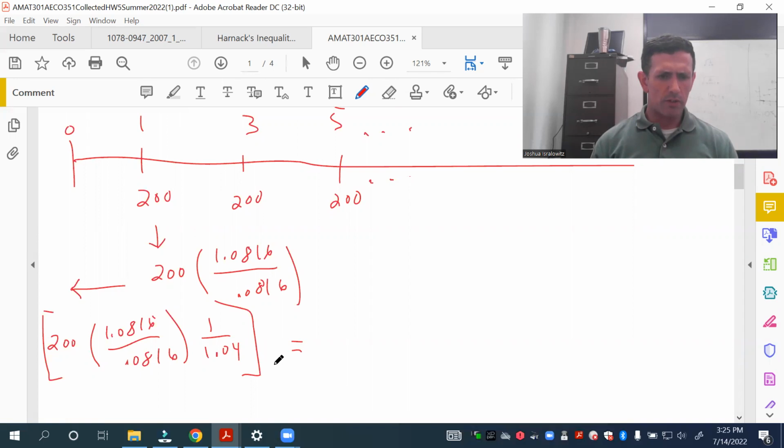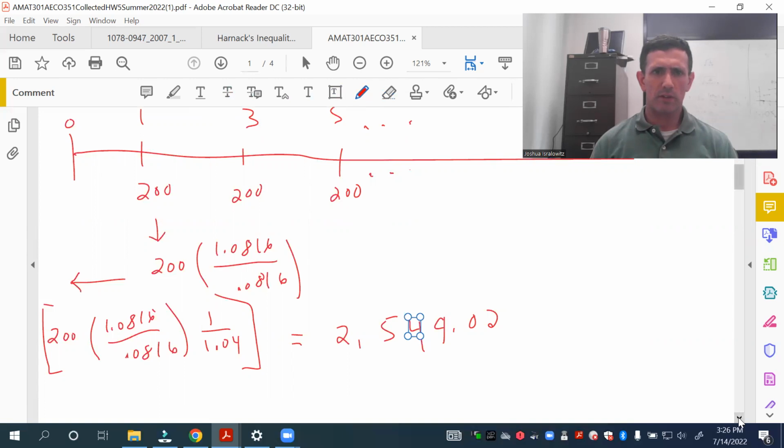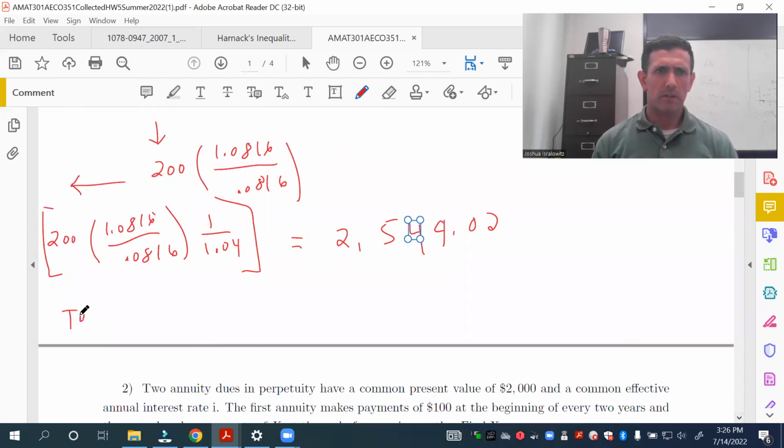So this is going to be 2,549 and 2 cents. That's the present value at t equals 0. So add these two up and you get the total present value of my original annuity.